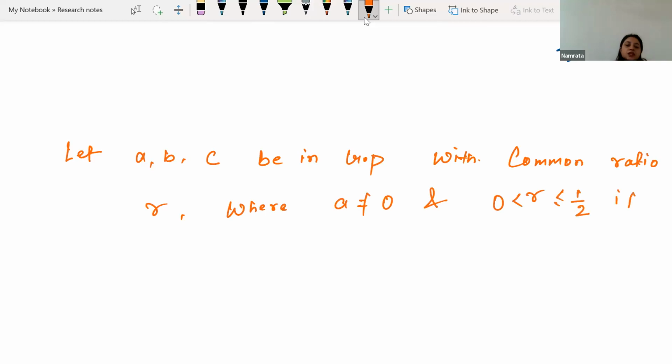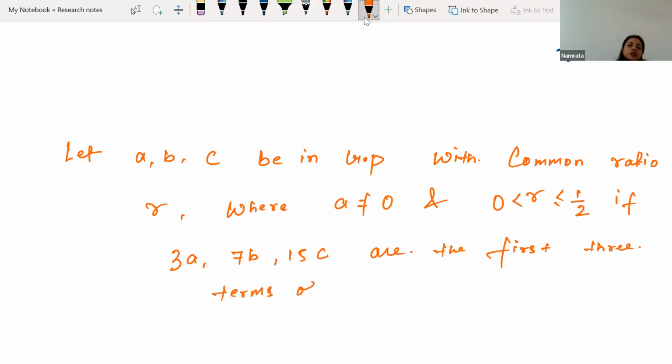If 3a, 7b, 15c are the first three terms of an AP, find the fourth term of this AP.